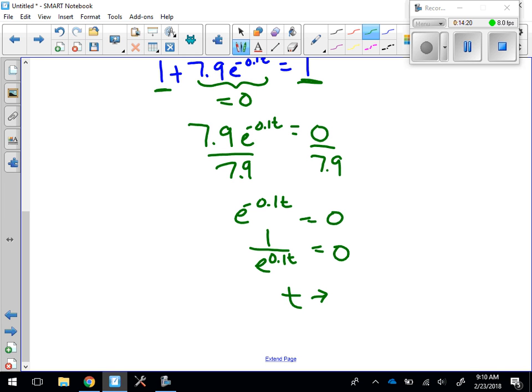Not 0. e to the 0 is 1, then I'd have 1 equals 0. It would have to be infinite, which is why there was an arrow instead of an equal sign. Very good. I love it when people answer their own questions.